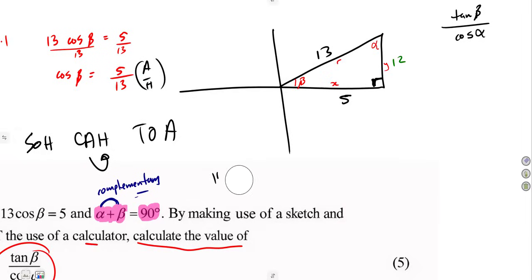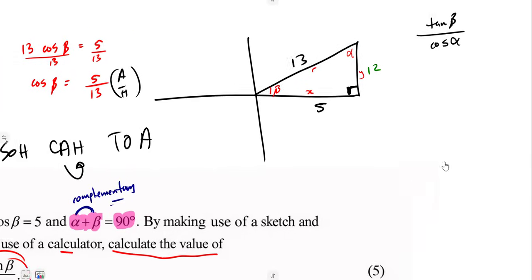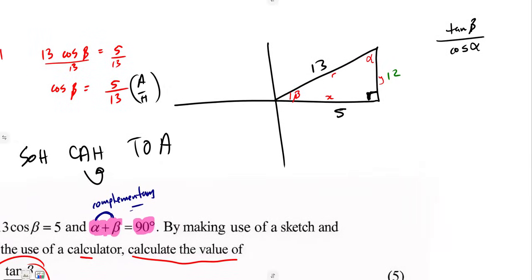So we're going to determine tan beta. All right. So the tan of beta. Tan is opposite over adjacent. According to beta, this is our opposite, 12, the one that faces the angle that you're given. So that's 12 over adjacent, which is 5.